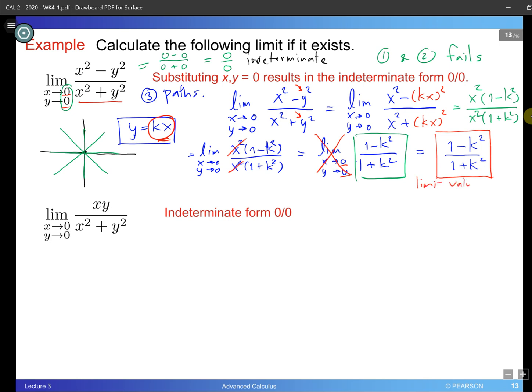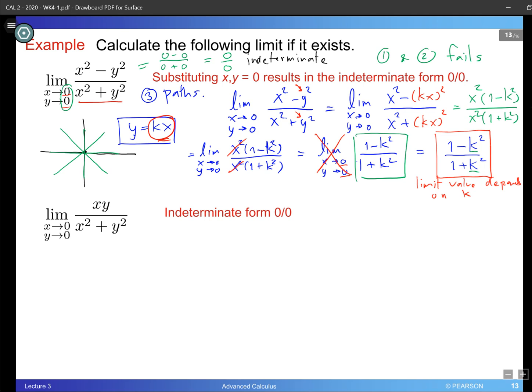And as you can see, in this expression, this limit value depends on k, because it has k inside. So what does this mean? It means that the limit value is going to be different at different k.